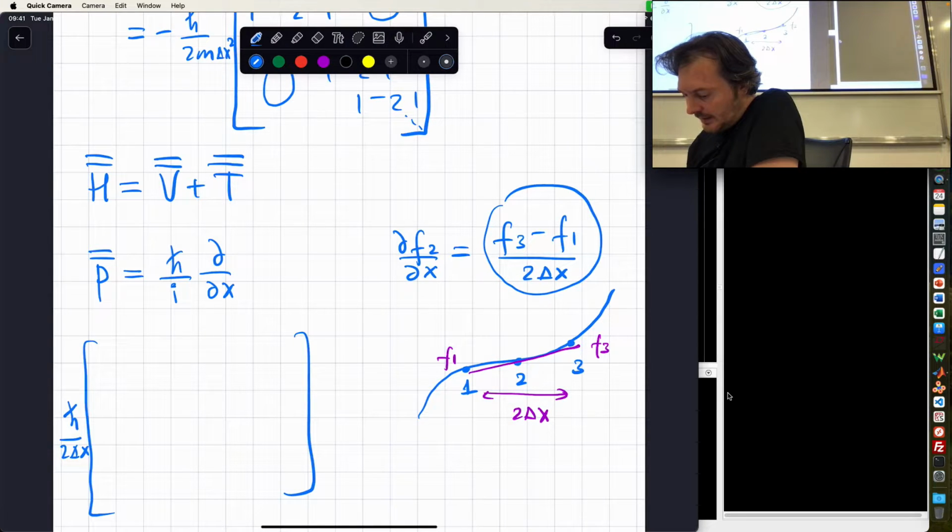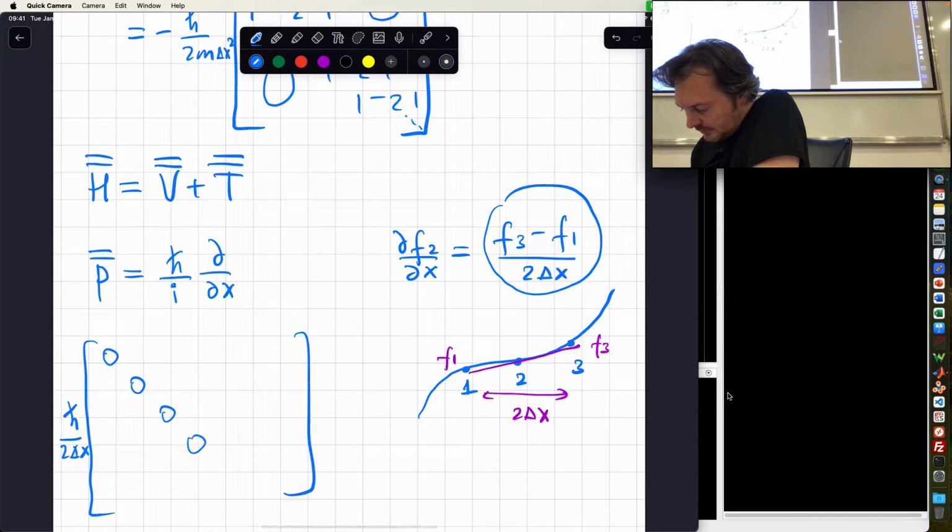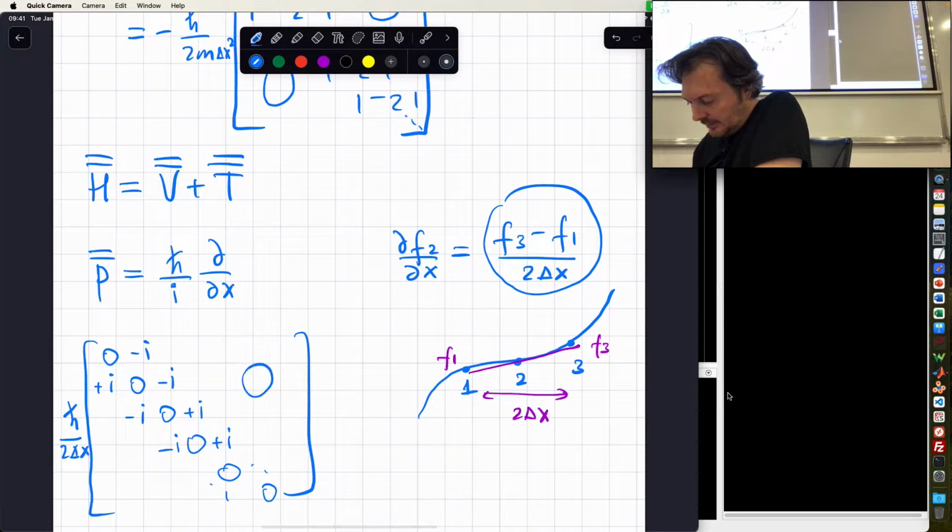And inside, for the second row, I have plus 1 here, minus 1 here, actually divided by i. So let me write it as minus i here, plus i here. Minus i here, plus i here, minus i here, plus i here, etc. And the rest is 0.